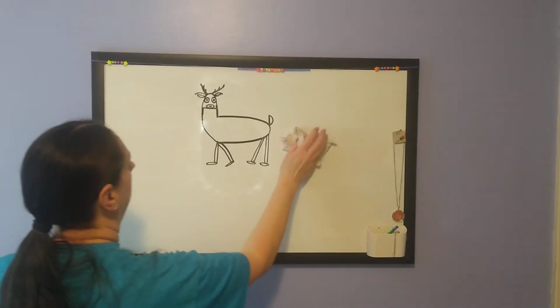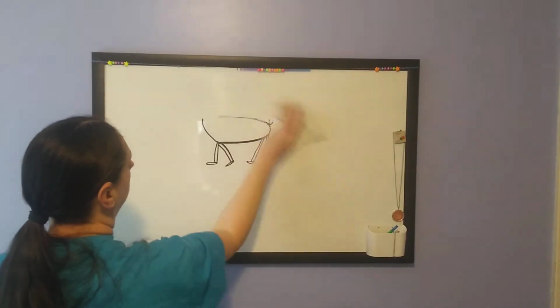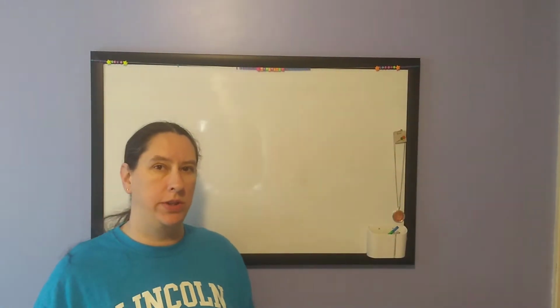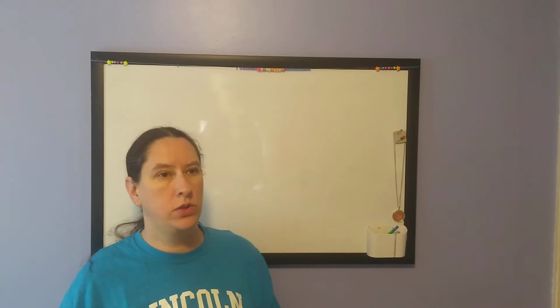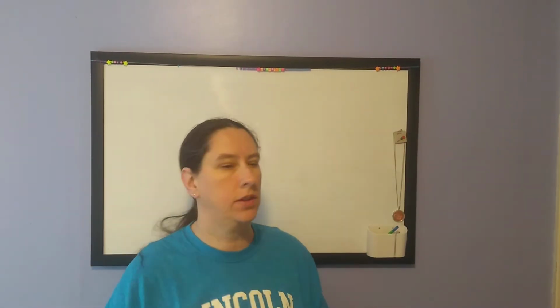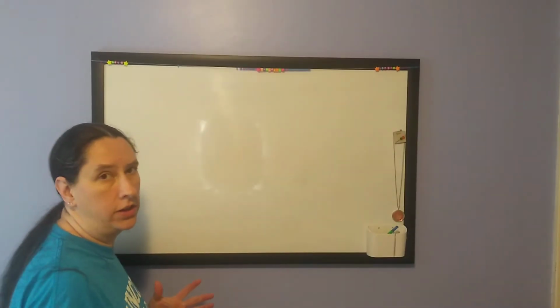Let's get into some math. Okay, on page 29, they start with some word problems, and they want you to represent it as a fraction. So there's something that you need to remember for this.